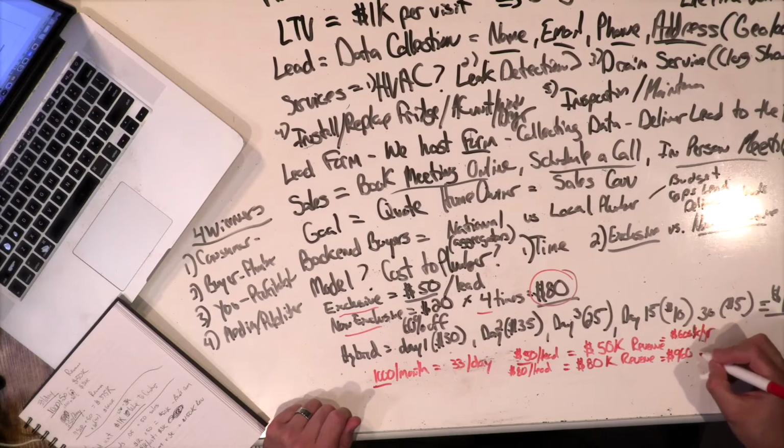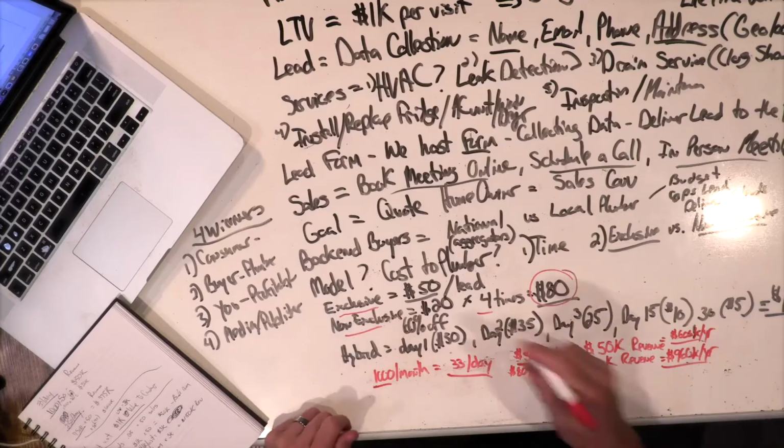And that is going to equal $960,000 per year. So we almost have a $1 million business right here, generating 33 leads per day on average and selling it for $80, okay? Boom, beautiful, right?